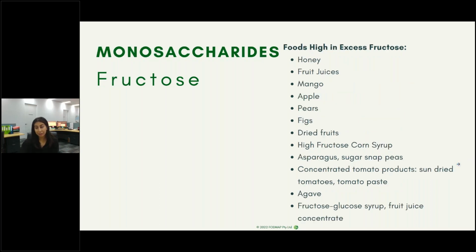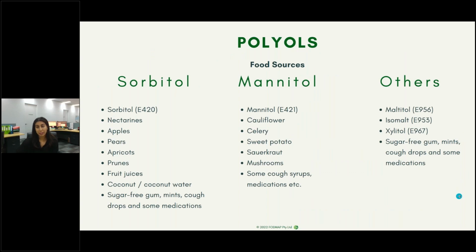Monosaccharides, we're looking at foods high in excess fructose. This is where the fructose is higher than the glucose level. So things like honey, fruit juices, some fruits such as mangoes, apples, and pears, and again, dried fruits, as I mentioned before. And lastly, the polyol group. This is things like sorbitol, mannitol, and other polyols.